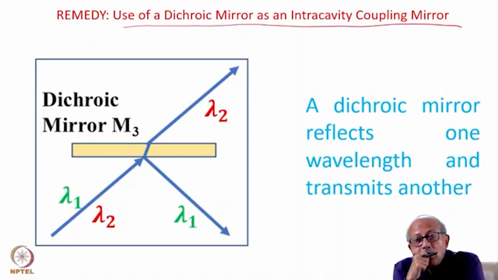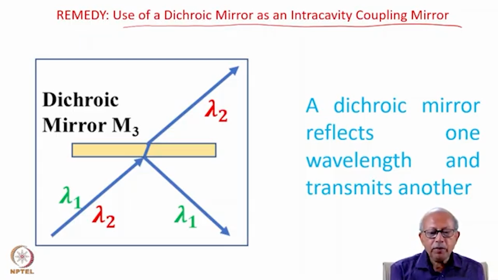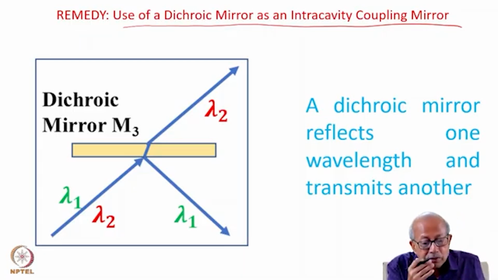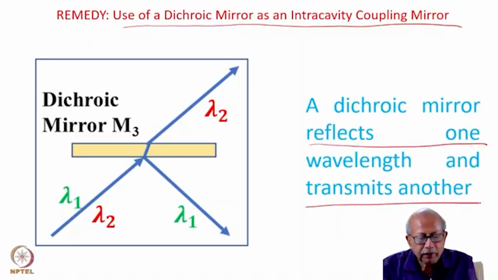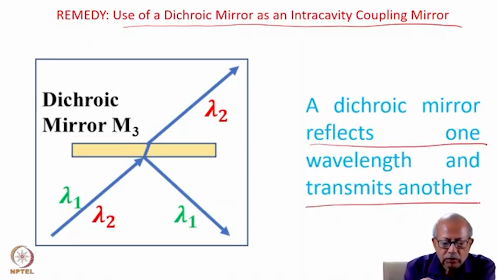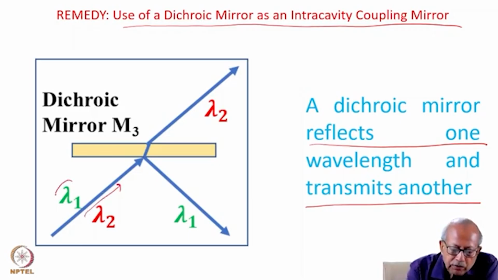This will work. So what is a dichroic mirror? A dichroic mirror is a special kind of dielectric mirror that reflects one wavelength and transmits another. For example, you see, this is our input line, which comprises two wavelengths, lambda 1 and lambda 2.